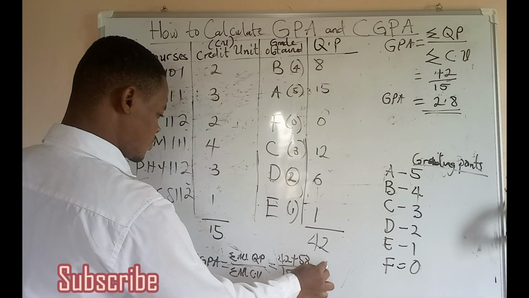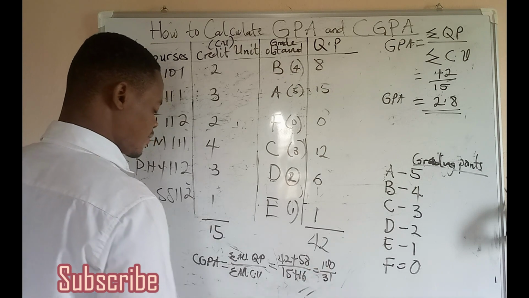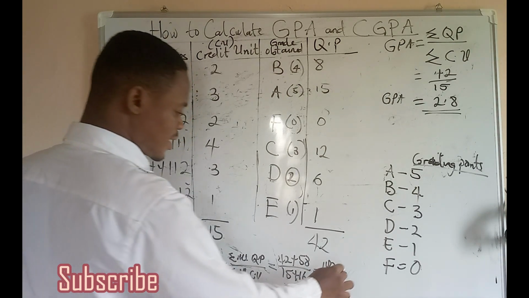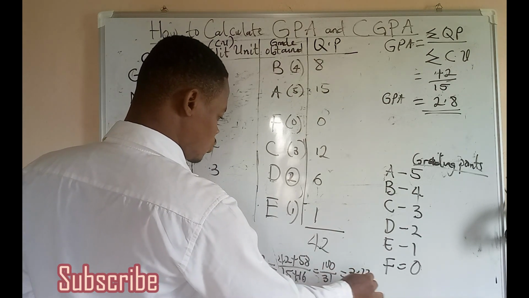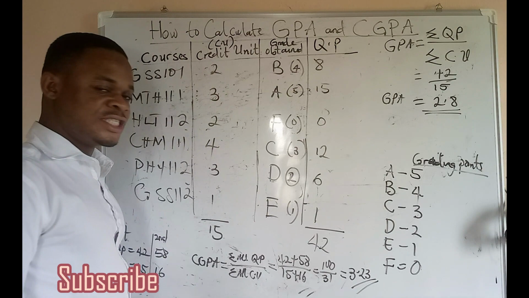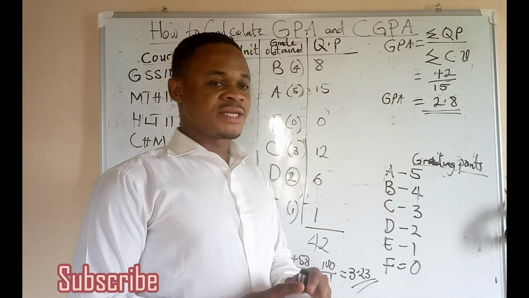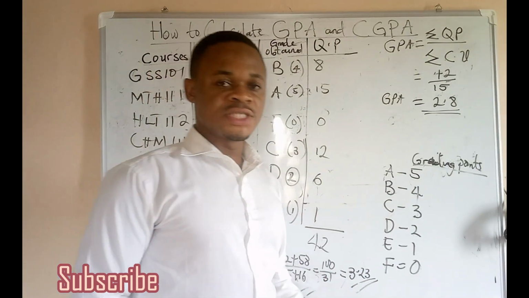That should give us 100 all over 31. And when you divide, it should give you something like 3.23 to two decimal places, because CGPA or GPA is calculated to two decimal places.